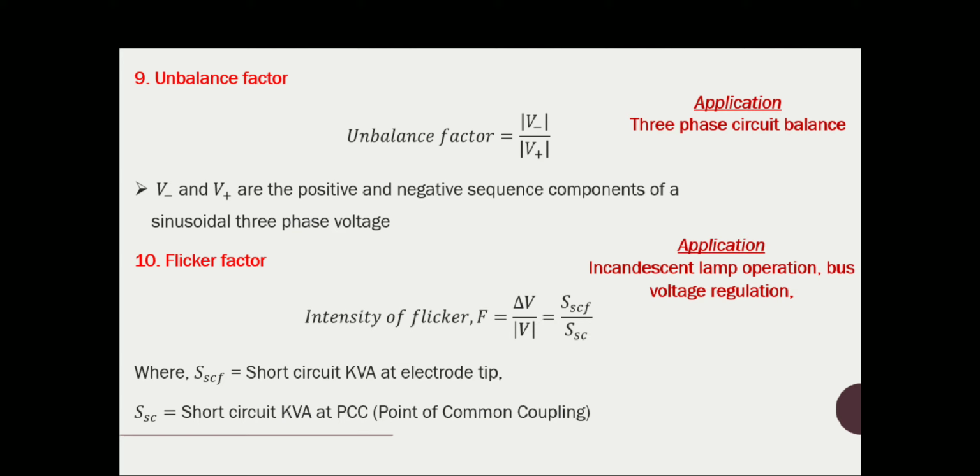Delta V is actually the change in the voltage, which can be again written as SSCF divided by SSC, where SSCF is the short circuit kVA at the electrode tip in case of a lamp, and SSC is the short circuit kVA at the PCC, point of common coupling. So that is the flicker factor as a harmonic index.